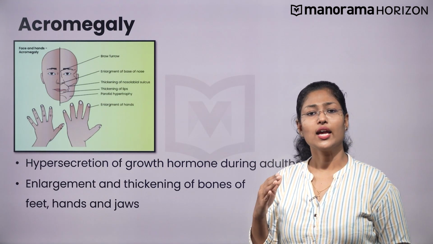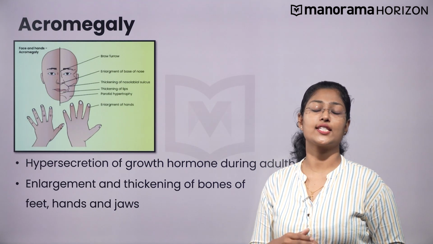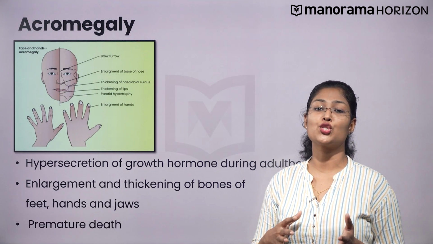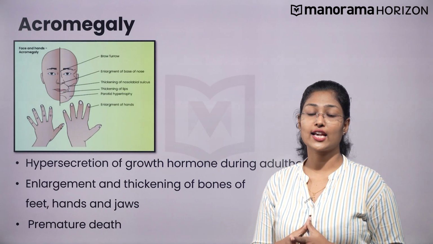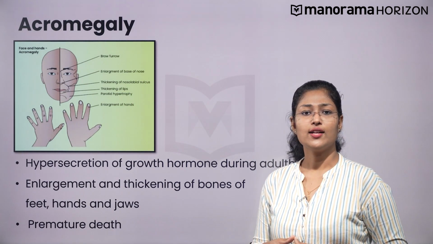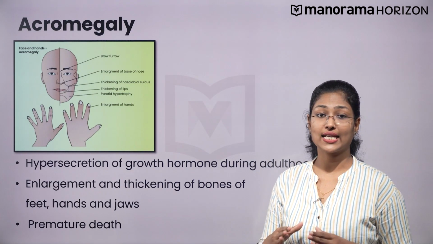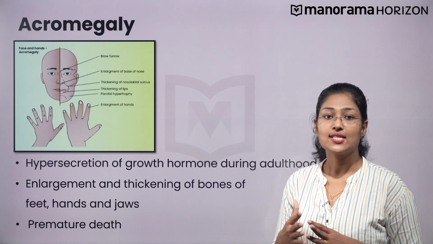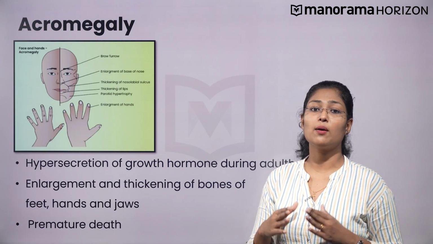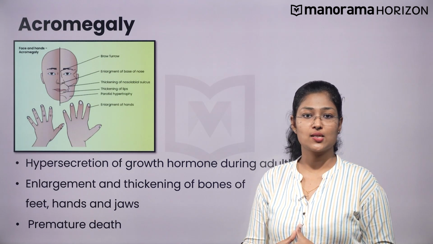It causes imperfections in the face and might result in premature death if not diagnosed on time. However, the disease is mostly not diagnosed in the early stages since the external changes become observable only after many years.